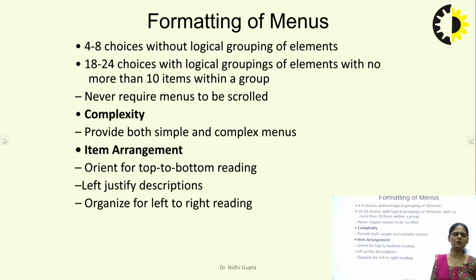So it says that 4 to 8 choices without logical grouping of elements is enough, and 18 to 24 choices with logical grouping of elements, with no more than 10 items within a group. Obviously there is always a limit on the number of items in a group also, because a group cannot be too large or too small. So a group should be appropriate. So it says 18 to 24 choices with groups are enough, and 8 items should be in a particular group. So it never requires menus to be scrolled.